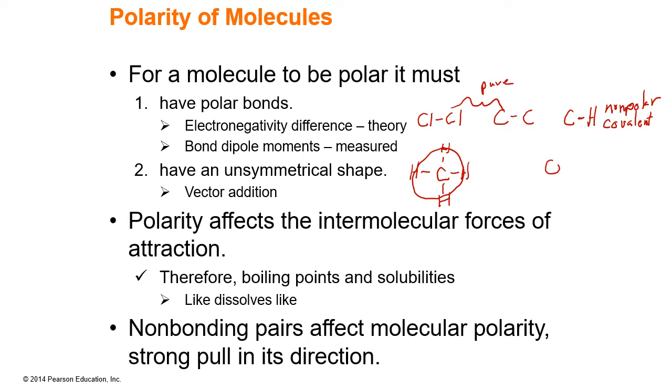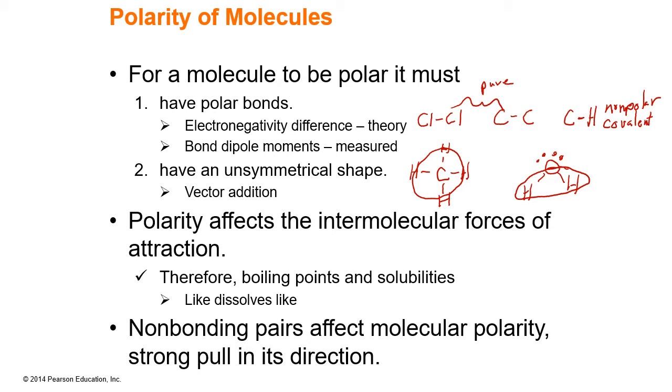If we look at something like water, where we have lone pairs of electrons, we have a greater electron density on our oxygen and less electron density on our hydrogen. And so this is a polar molecule because we have different sides. We have a more negative oxygen side and a more positive hydrogen side.